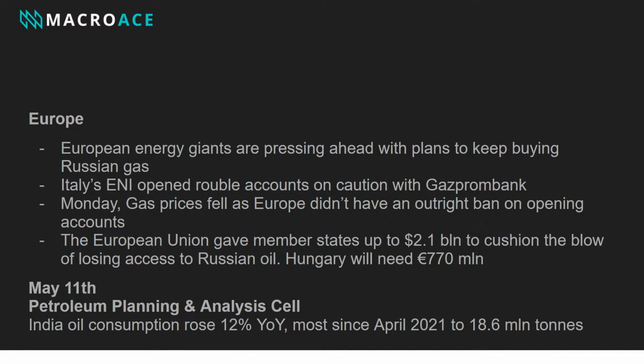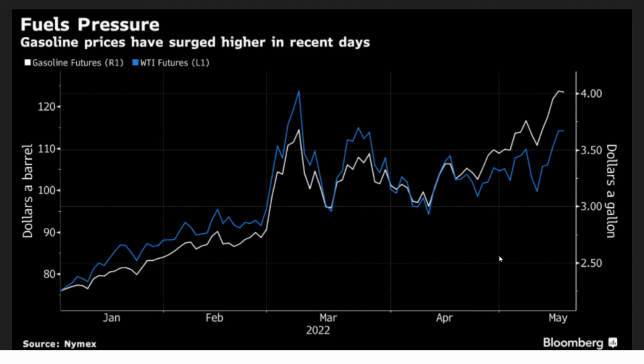And it's quite obvious with headlines that we've seen in the past, with von der Leyen wanting to cut Russian crude off by 6 months, and that led to an appreciation in WTI crude oil. And on May 11th, you had from India, oil consumption rose 12% year on year, the most since April 2021, to 18.6 million tons. Again, more demand stepping in.